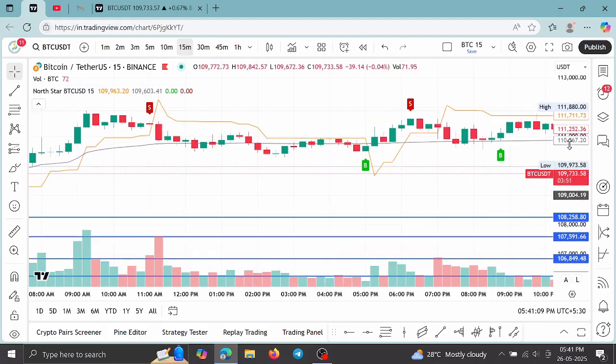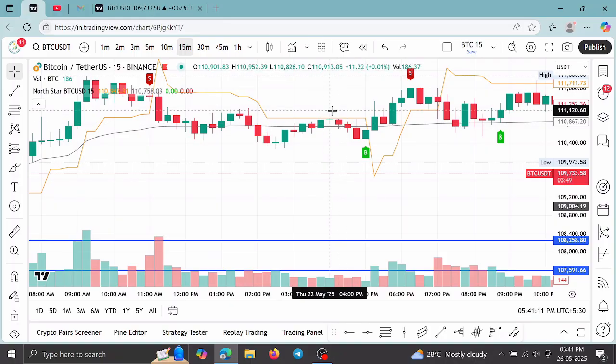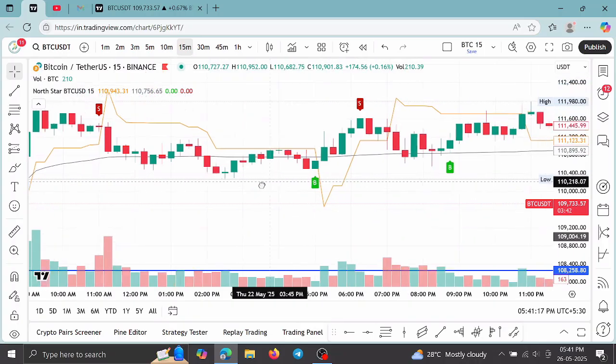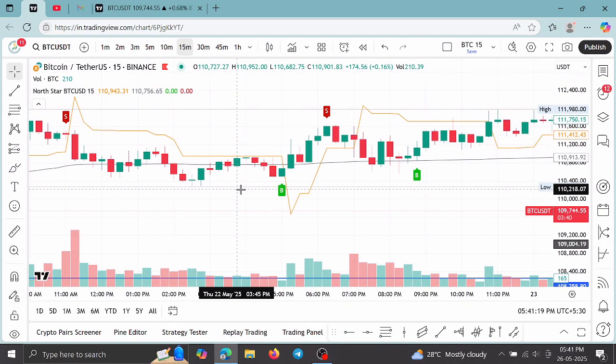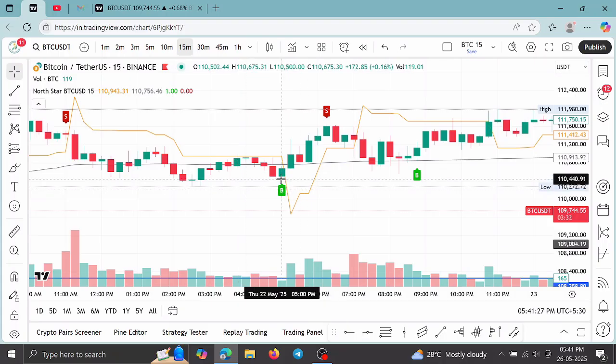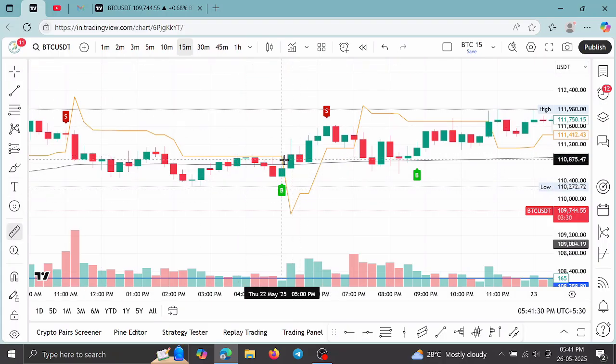Now you can see how perfectly it reacts to this line. Okay, this is going to be very helpful for you while you are trading. So you will feel very comfortable and confident. Okay, now you got a buy signal here. So what you're going to do, let this complete.